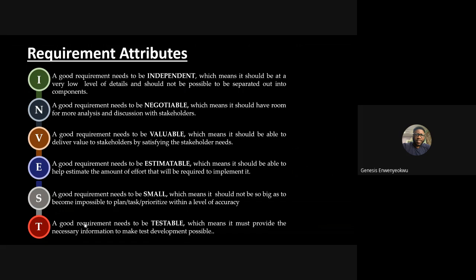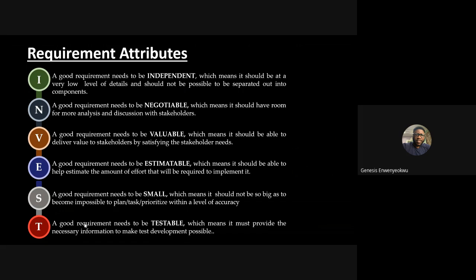And how we deliver value is from the requirements we write. The user stories we are writing must be a representation of value. That is why you can have a user story that does not communicate a certain proportion of value to your stakeholders. So the user story must be a representation of value to your stakeholder needs.